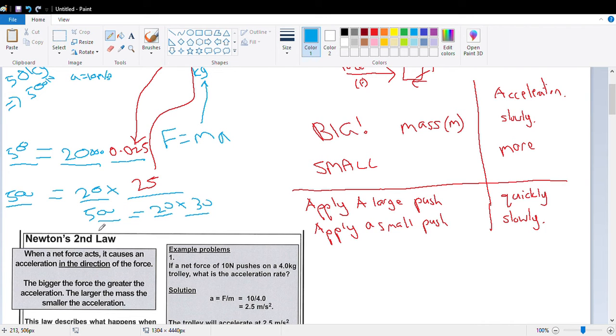So let's imagine that I only push with 100 newtons of force. In order for this side of the equation to equal 100, we can't change the mass. The object still weighs 20 kilos. The acceleration value must change, and in fact the acceleration number drops. When we push it very hard, the object's accelerating at a rate of 30. But when we don't push as hard, 100 newtons, the object doesn't accelerate as much.